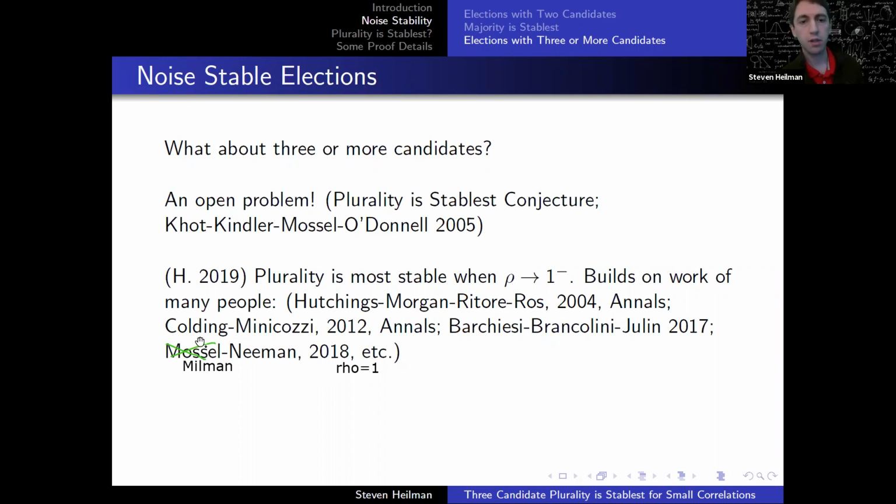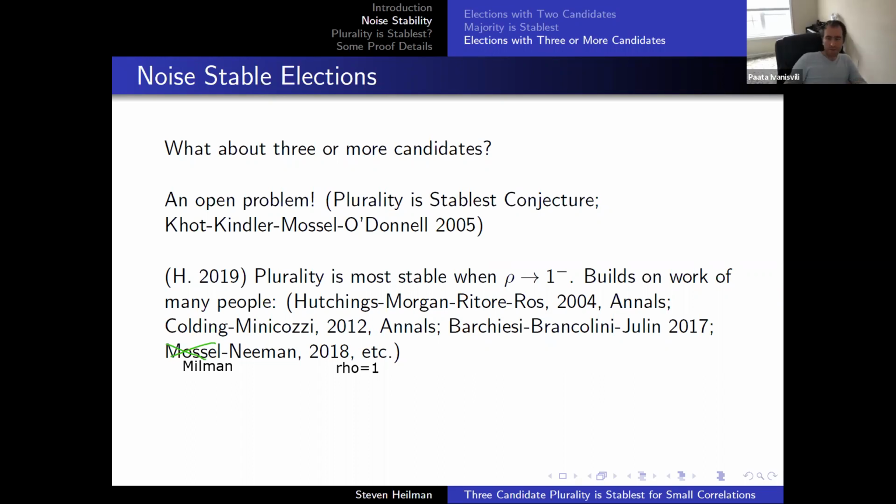Most notably Colding-Minicozzi, who did really nice work on mean curvature flows and the singularities that occur in them, a really nice paper in 2012, and the so-called double bubble problem, which was solved in 2004. So there's a lot of nice work related to this problem in the case where the correlation parameter rho is equal to 1.